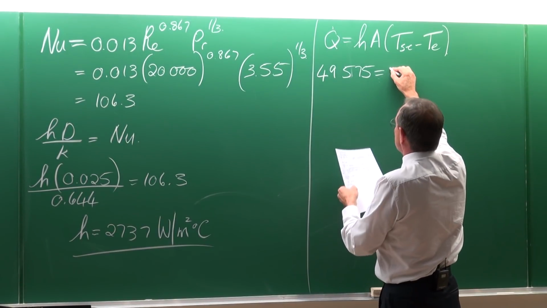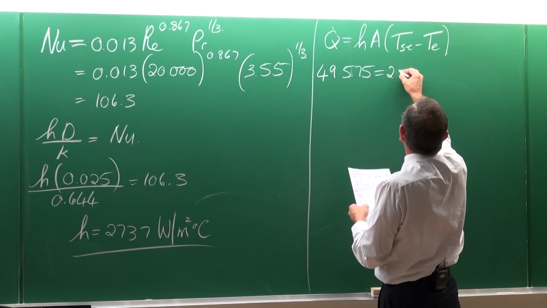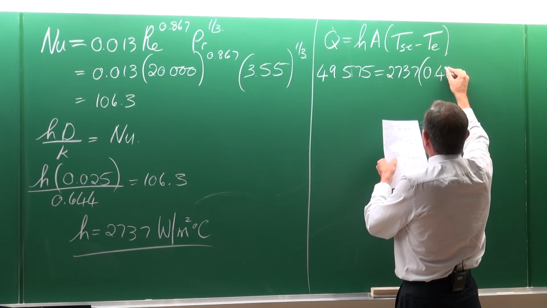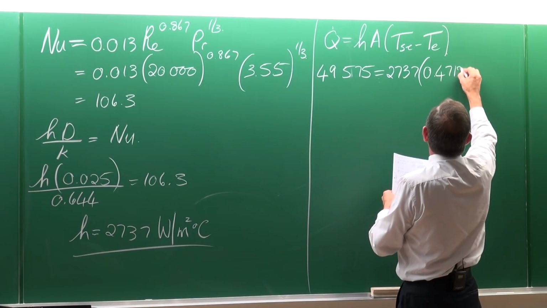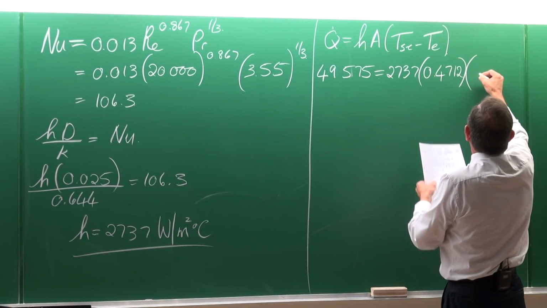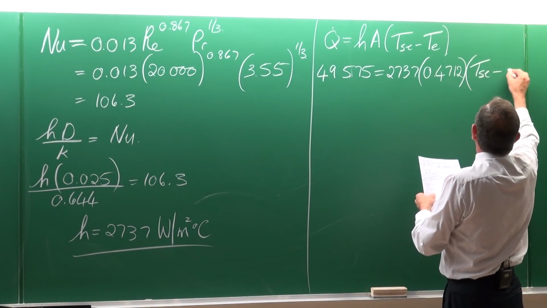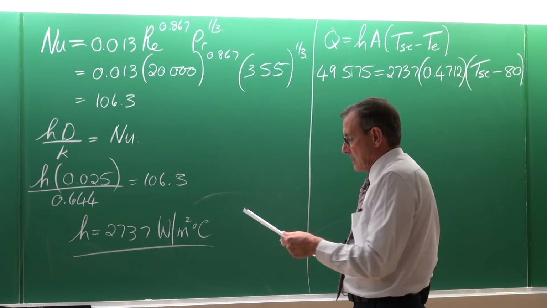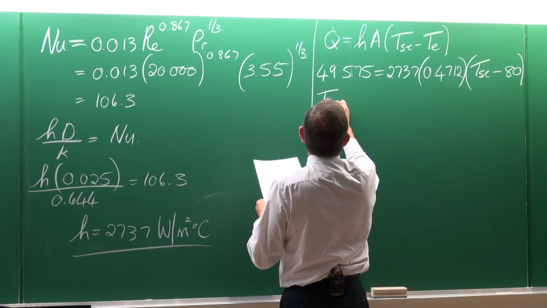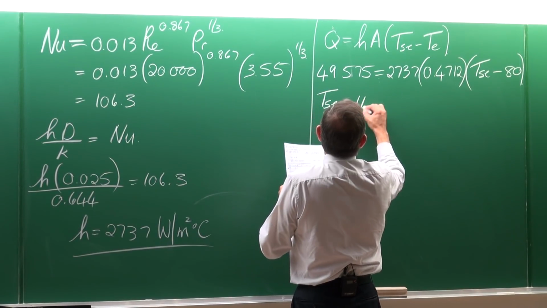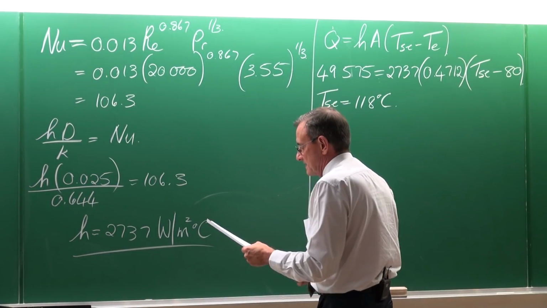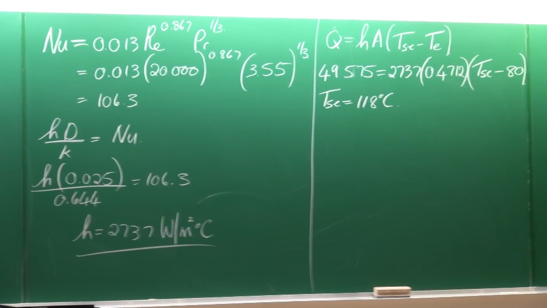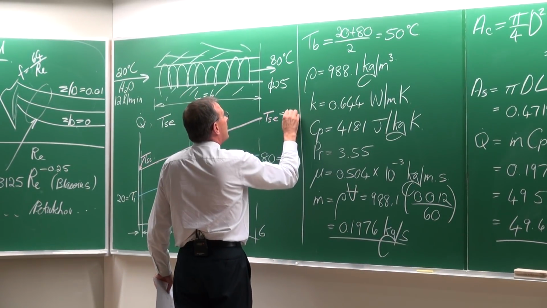It's equal to the heat transfer coefficient, which we have just calculated, 2737, multiplied by the surface area for heat transfer, 0.4712, multiplied by the surface outlet temperature minus the outlet temperature of the water, which is 80. And that would then give us a surface outlet temperature of 118 degrees Celsius. So this temperature here is 118.